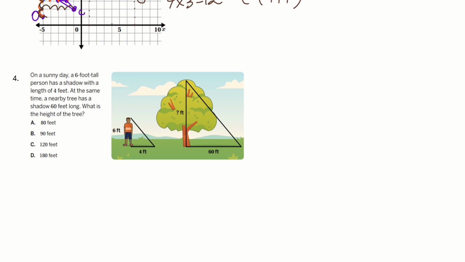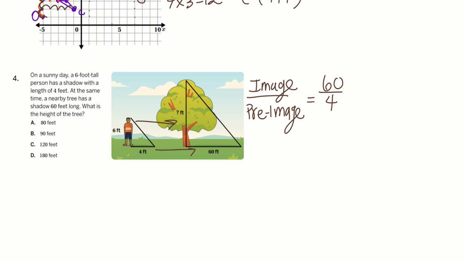So I'm going to pretend I'm going this way. Since I have this information, I'm going to go this way. So I'm going to go image over pre-image. So if we do it like we did in class, I'm going to go 60 over 4. And just like in class, for time reasons, well, actually, I'll just divide it.